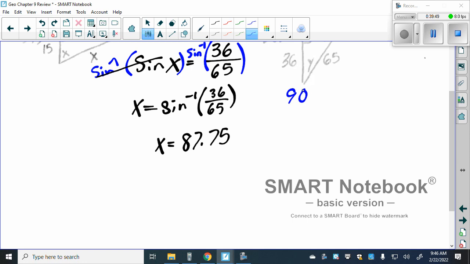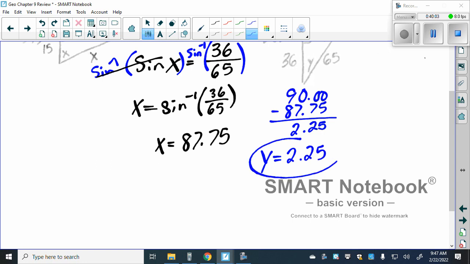So take 90 minus 87.75, which would be 2.25. There's quite a disparity between those two. I could be right, because we're on 58. Try that again. Yeah.